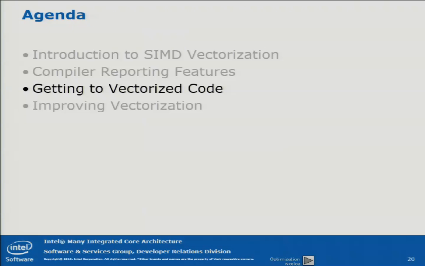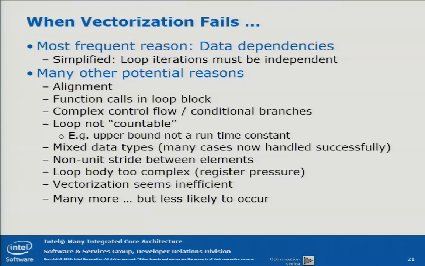Okay. Now, how to get vectorized code? There are so many pitfalls where vectorization can fail. So the most frequent one, obviously, is that we don't have independent loop iterations, like we had in this Fortran example where we had this proven flow dependence. But there are other potential reasons, like alignment, right?